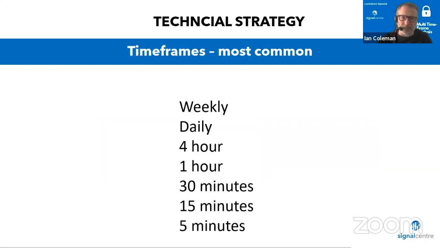So let's start with the most common timeframes, probably pretty basic and obvious to most of you. The weekly chart, the daily chart, then people break down 4 hours, hourly, 30, 15, and 5. Now, at the top here, we've got the daily and then 4 hour.